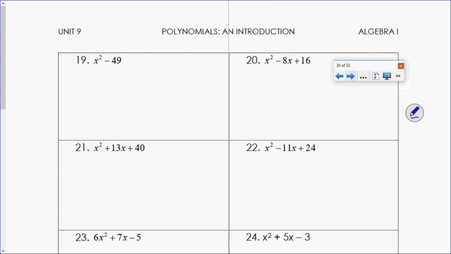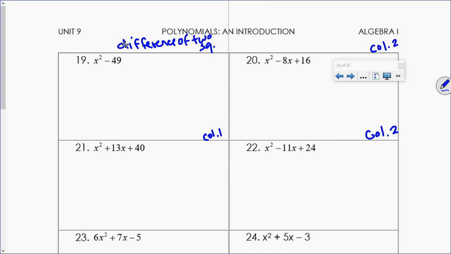Here, number 19, this is the difference of two squares. Number 20, we're going to be using column number 2. 21, column number 1 on our graphic organizer. 22, column number 2 on our graphic organizer. 23, slide and divide, and I don't know which column, probably column number 3 or 4, I can't remember.